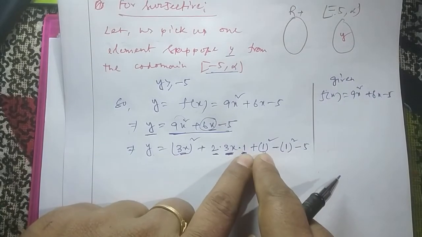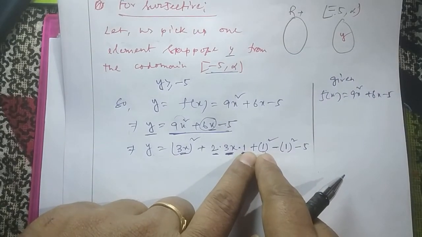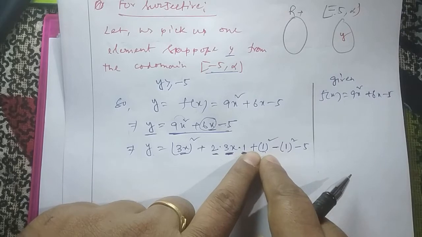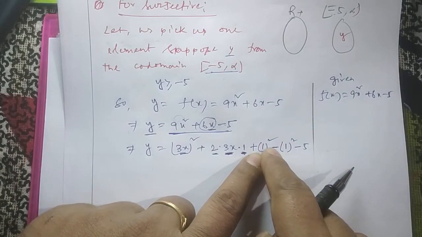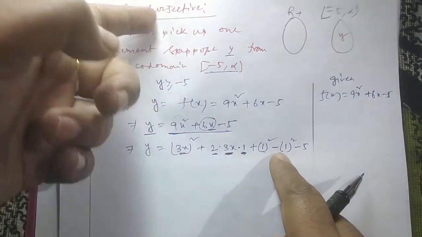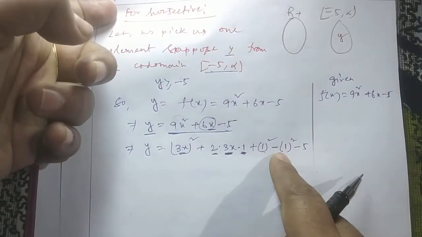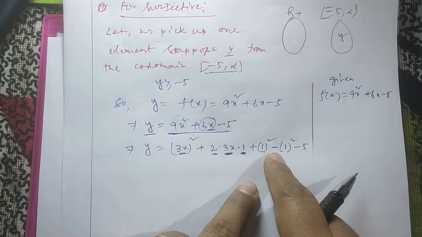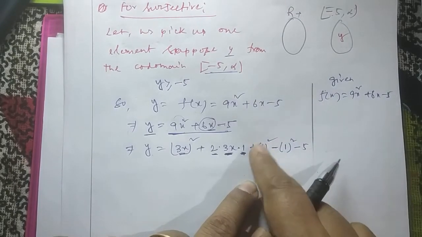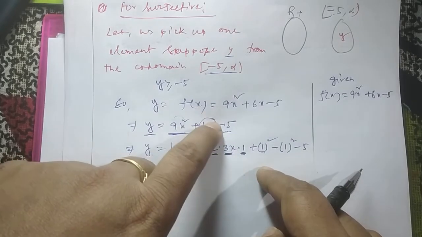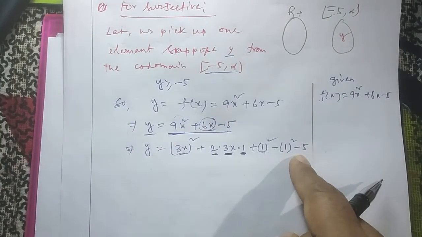So we need b square, means we need 1 square. So forcibly you have brought 1 square. But in the previous step, there is no b square. So at the same time, write down minus 1 whole square to balance. So it will be balanced. And now write down minus 5 as it is.